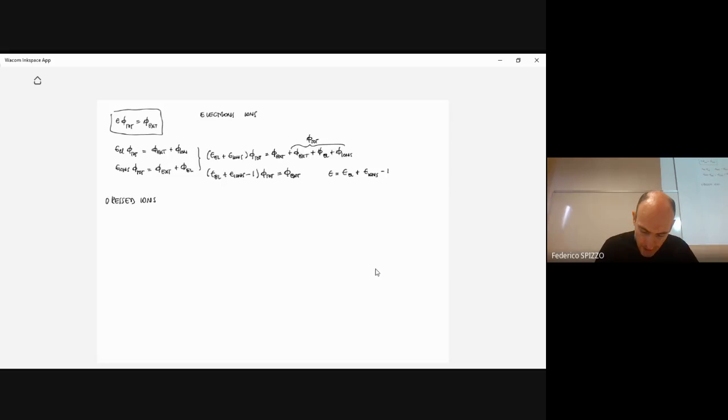So if we have the total potential, if we now concentrate on dressed ions, what is their contribution regarding the screening? Their contribution is the following.